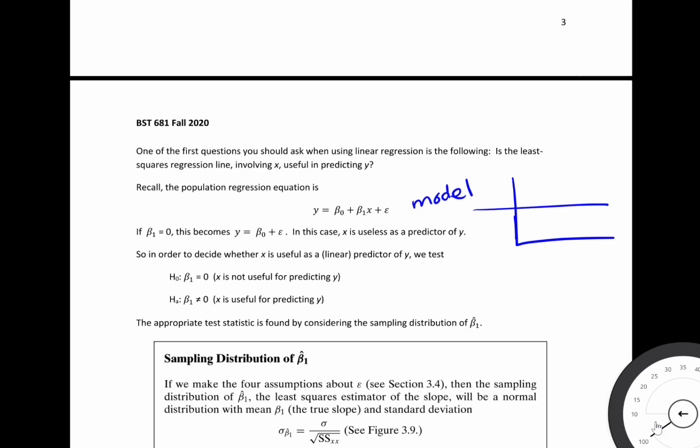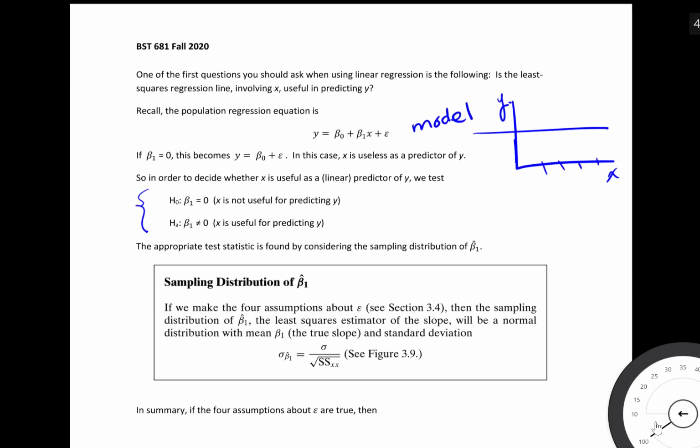In other words, this line of averages would have the exact same y value for all of the different values of x. So if the slope were equal to 0, that tells us that x is not a useful predictor for y. And so we typically set up our hypothesis this way.